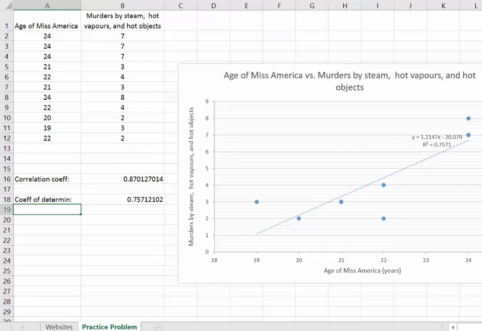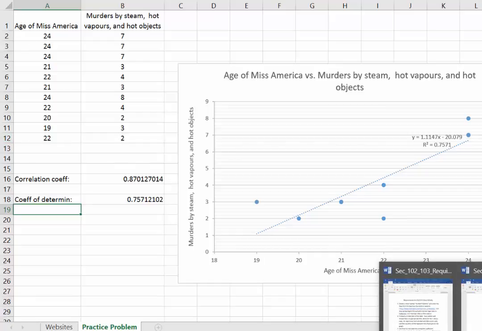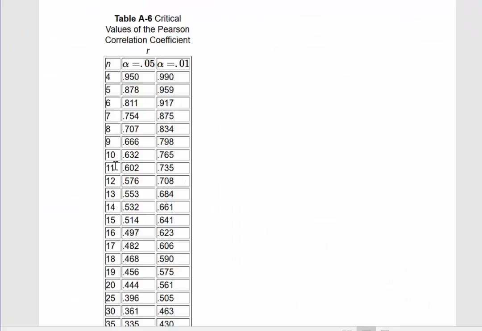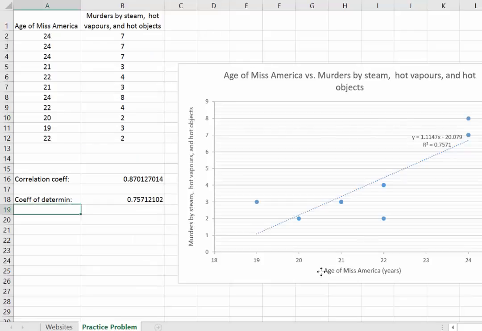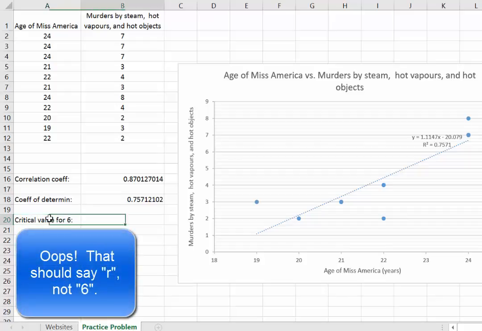So my sample size was 11. And at the 5% level of significance, I need my correlation coefficient to be at least 0.602 in order to claim there's a correlation between the two. So the critical value for R is 0.602.